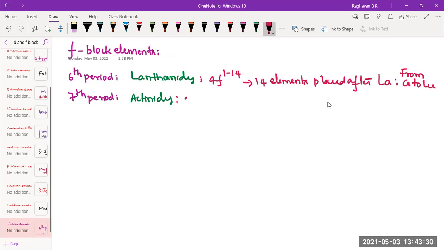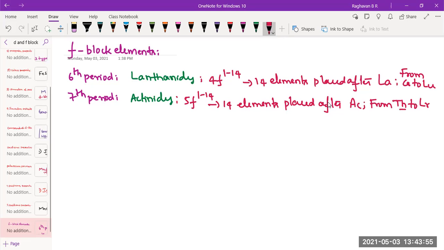So actinides are those in which 5F1 to 14 is filled. These are the set of 14 elements placed after actinium of D block, from thorium to lawrencium.